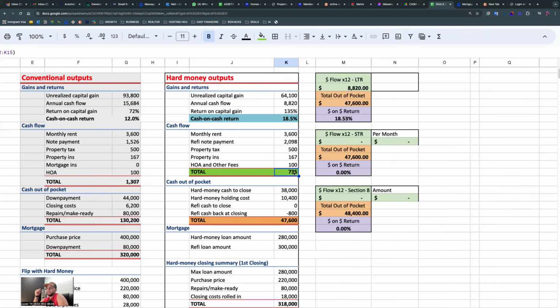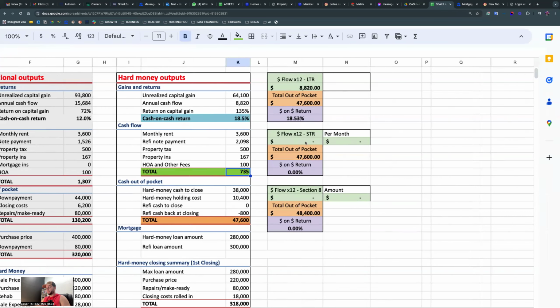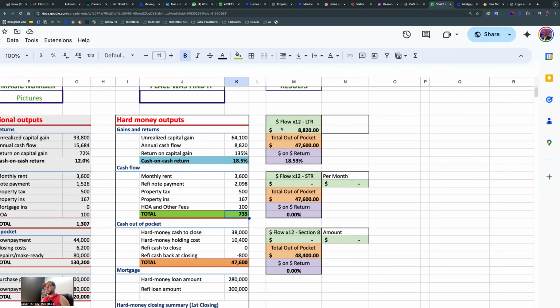Of course, on top of that, if you're doing Airbnb, you need to add Airbnb fees, bills, and maintenance. These are the basic numbers. On the fourth column, it will give you the cash on cash return formula.